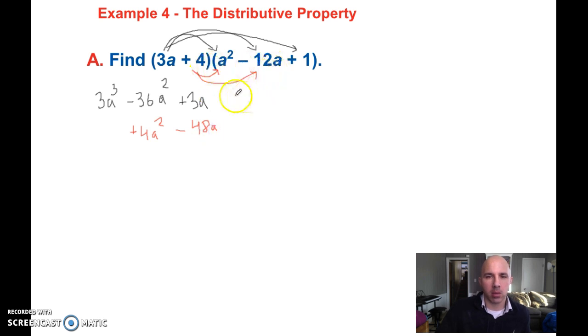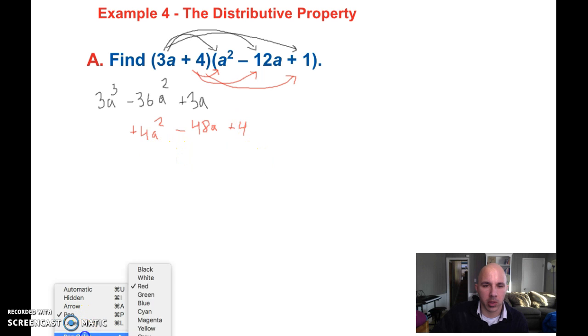And the last one here is going to be 4 times 1 gives me a positive 4. Notice how I lined this all up. I got the cubes here, I got squares here, I got a's here, and I just got the regular numbers here, the constants.